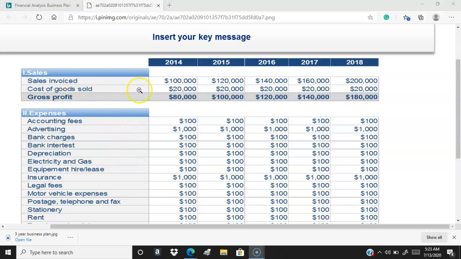So sales and invoice. How many sales are you projecting that you'll actually make within the next 5 years? Now, how would you find these figures? Your figures are again back to research and development.